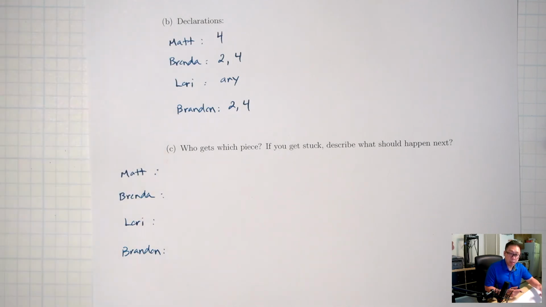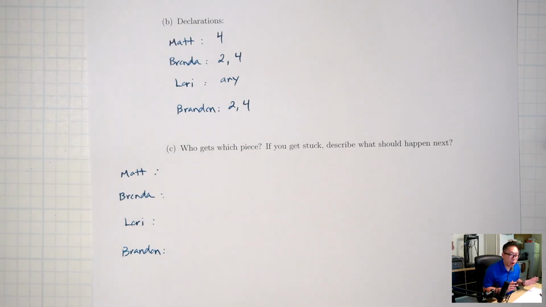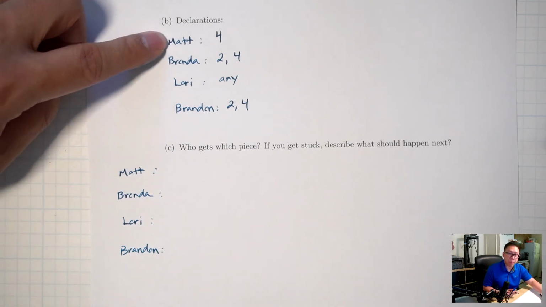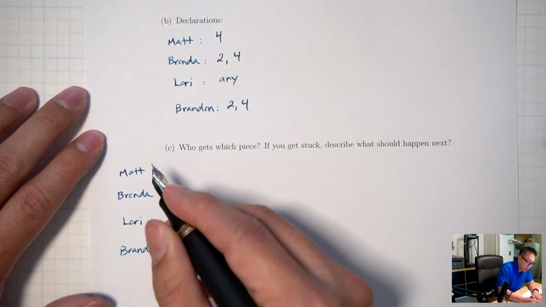She'll take anything. So you can just give her whatever's left. And start with the person who is most picky. So Matt is actually the most picky. He only wants one piece, right? He's not flexible at all. So I'm going to start with Matt. And we have to give him 4 because that's the only piece that would make him happy. So give Matt 4.